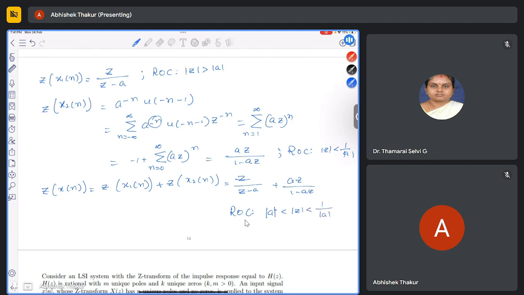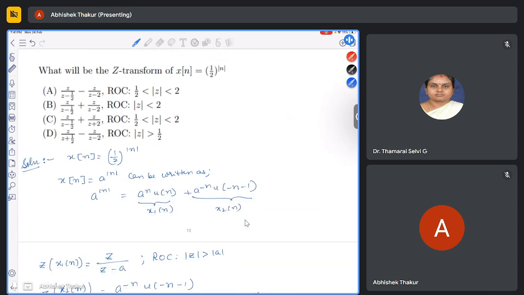Okay. So therefore, for a is equal to half, what value will we get? We will get z/(z - 1/2) minus z/... like a of z, z/(z - a).